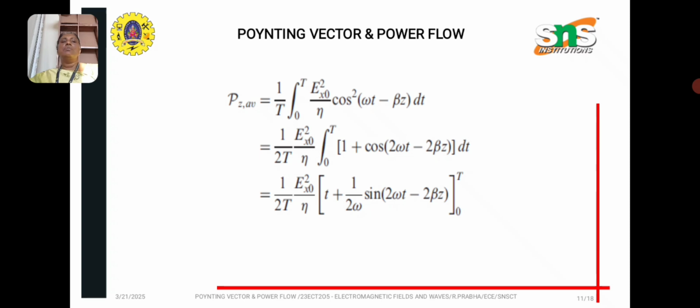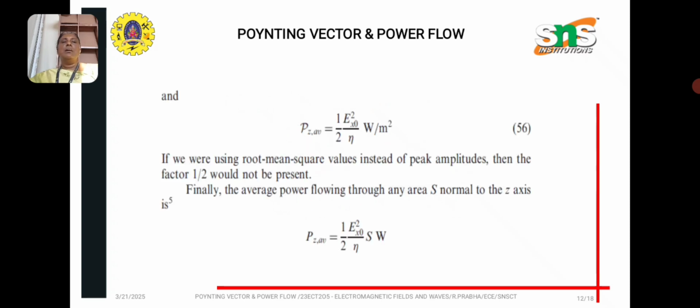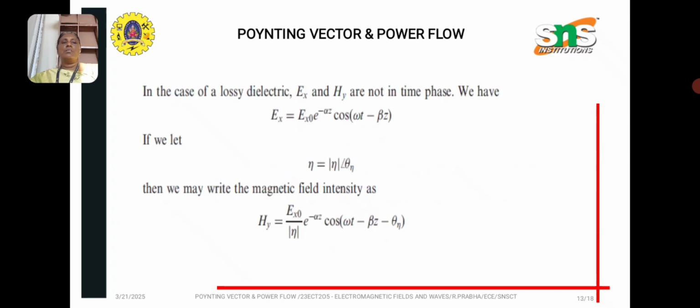After integration and substituting the limits, we get Pz average is equal to 1 by 2 Ex0 squared by eta watts per meter square. Since it is a power density measured in watts per meter square, it is also written as 1 by 2 Ex0 squared by eta square watts.